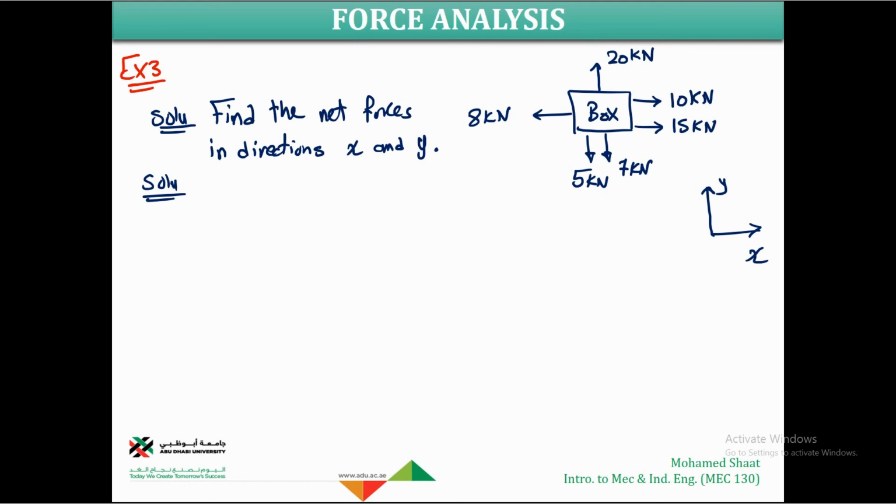But when we sum, we have to sum all the horizontal forces together in one component and the vertical forces together in another component. You cannot sum all of them in one component at once. It is wrong. It doesn't make sense from physics.